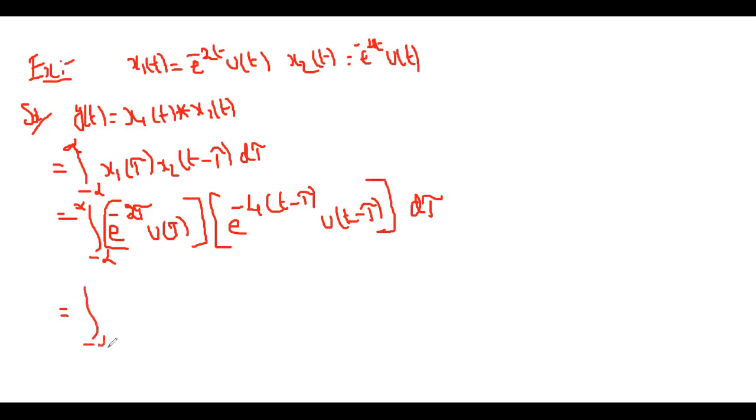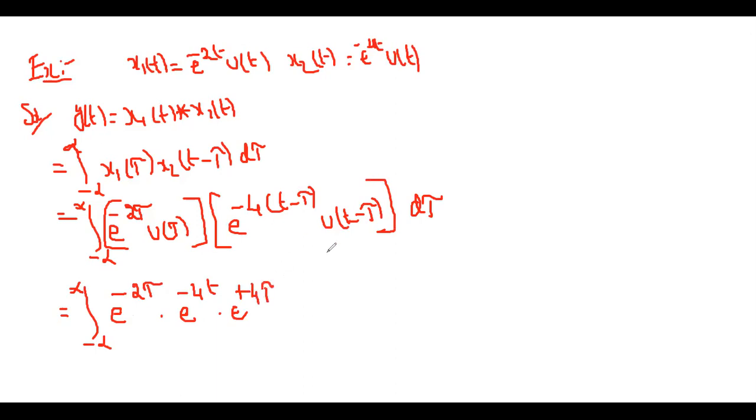integral from minus infinity to infinity of e power minus 2 tau into e power minus 4t into e power minus into minus is a plus 4 tau.